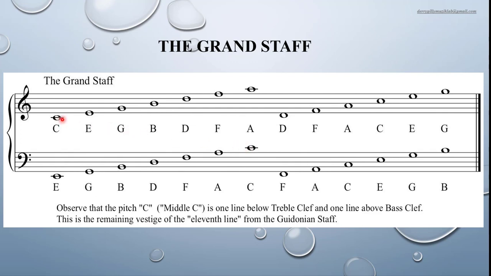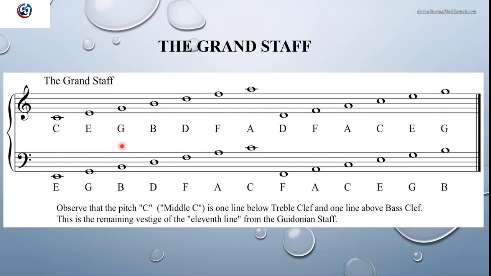So we should know that this one was from the Gideonian staff. Out of the Gideonian staff came the grand staff, and the grand staff pitches are listed just outside the boundaries of each clef on the grand staff.